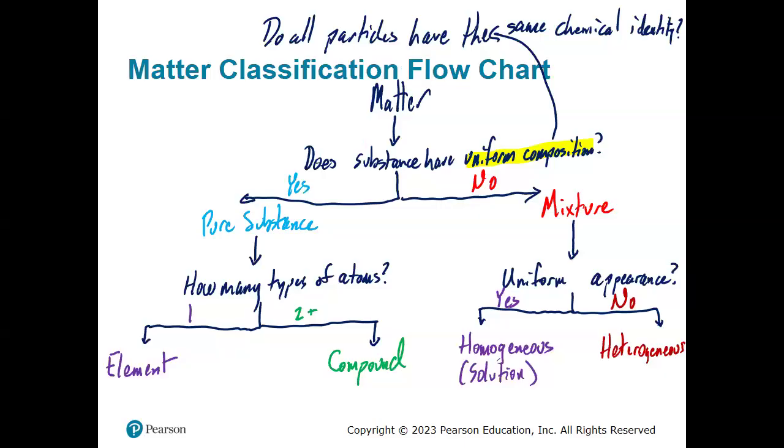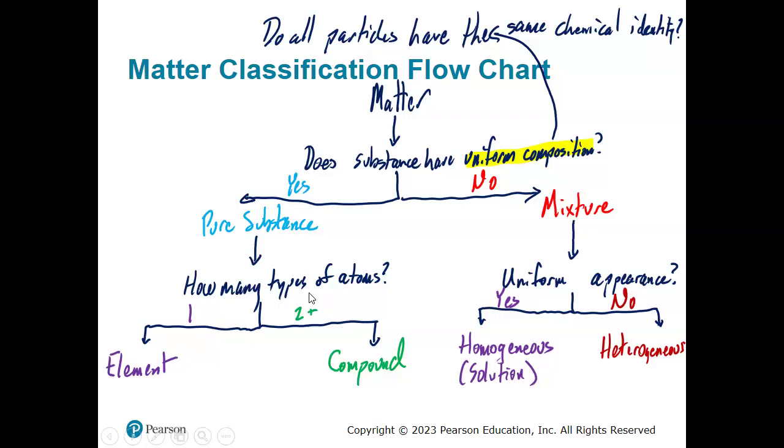If you go back to the flow chart that we made, we were able to classify matter into one of four categories based upon some simple ideas. Does it have a uniform composition? Does every single particle in that substance look the same? If it was, then we called it a pure substance. If it did not have that kind of uniformity in composition, we called it a mixture.